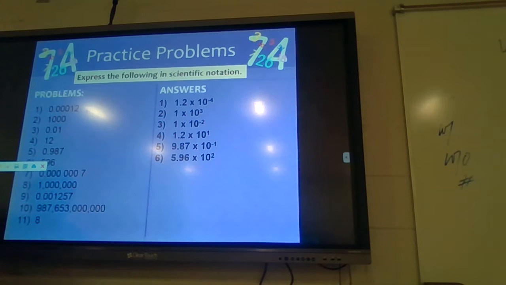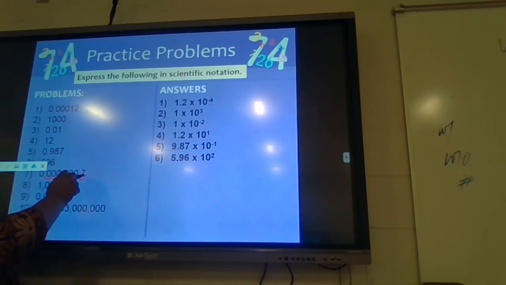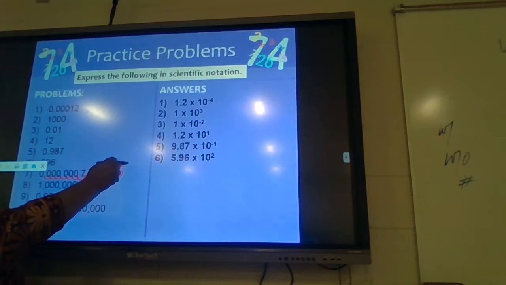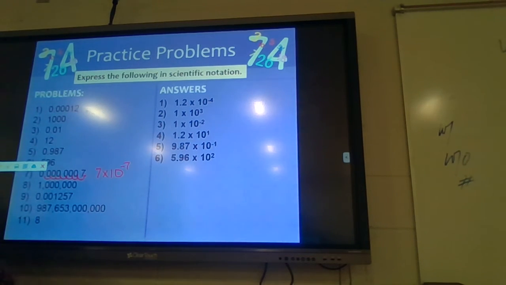Now here, what was this? Let's see. Okay. So I'm going to put my decimal here. That's 1, 2, 3, 4, 5, 6, 7. And since I moved to the right, my exponent is negative.